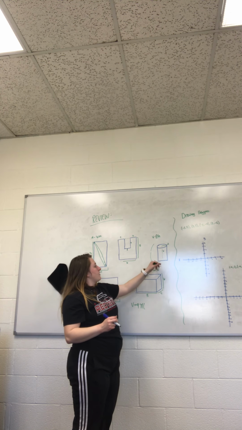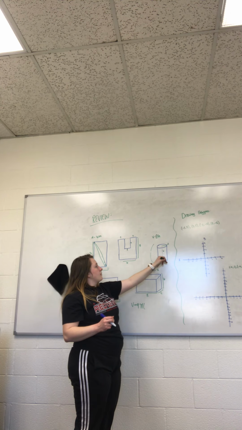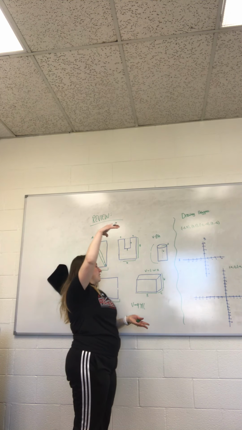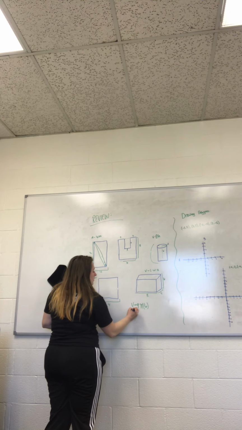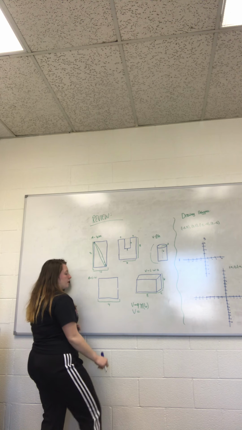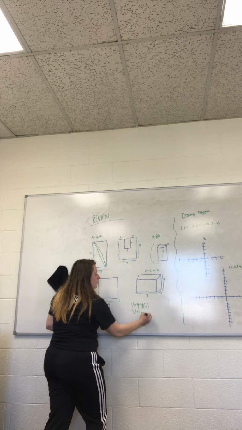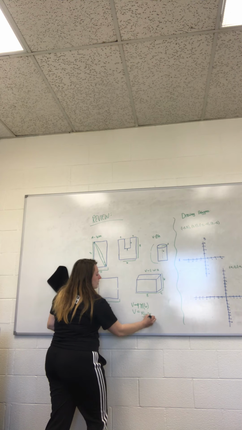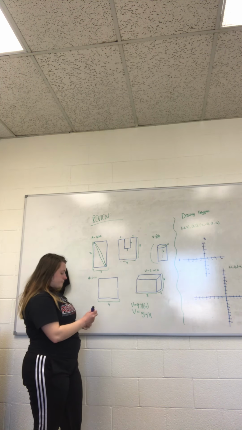Our height. Now is our height this length right here? It's the middle length. It's from the top to the bottom, right? If we distribute the 6 into 9 pi, we get 6 times 9, which is 54 pi. So the volume of this is 54 pi.